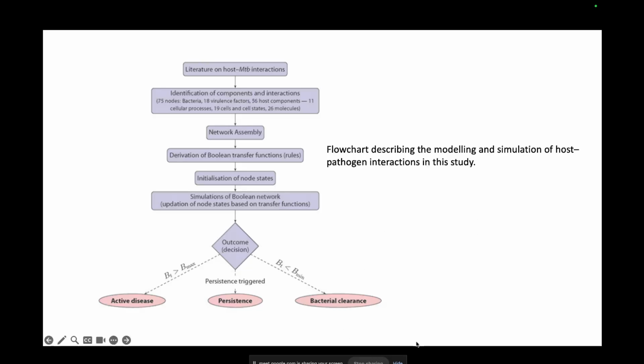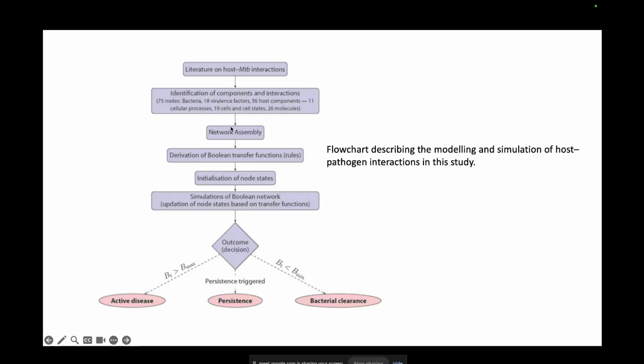If you want to summarize this in one slide, you start with the network reconstruction using literature on host and tuberculosis interactions to identify components and interactions. In this case, it was 75 nodes with 56 host components, 18 bacterial virulence components, 11 cellular processes, 19 cells and cell states, and 26 molecules.